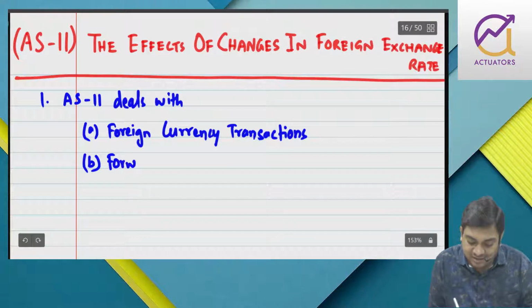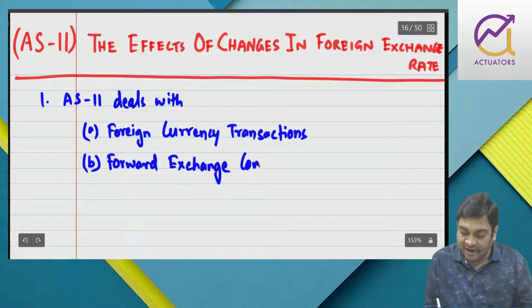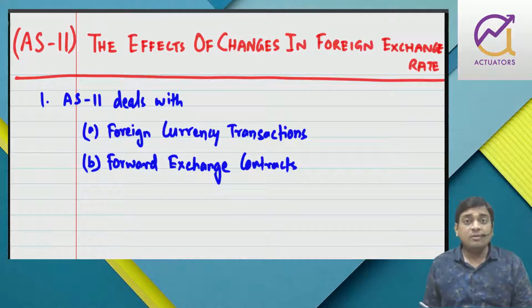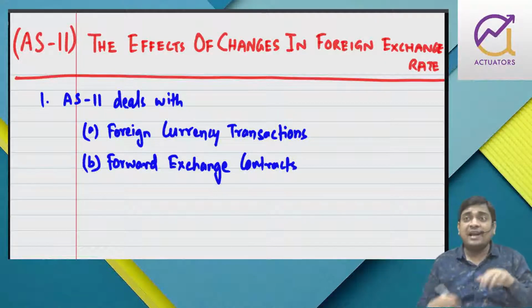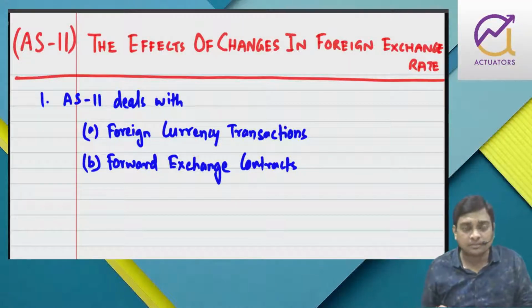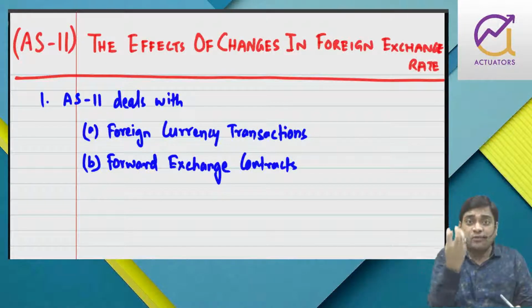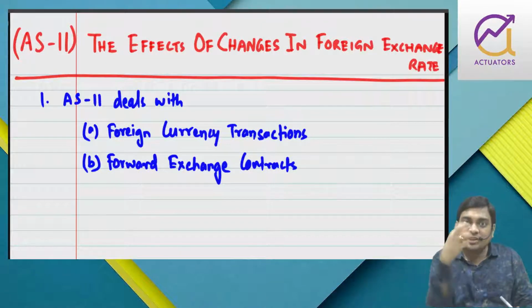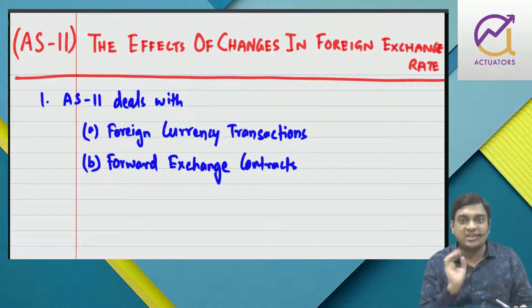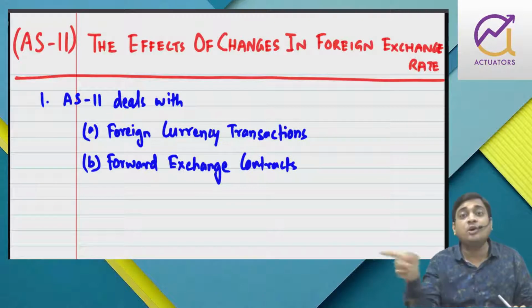AS11 also deals with forward exchange contracts. Now, as I have already told you, I'm buying goods from a foreign supplier, say $1 lakh. I have to report that foreign creditor in my books using today's spot rate, today's exchange rate, because I cannot report this transaction in dollars.